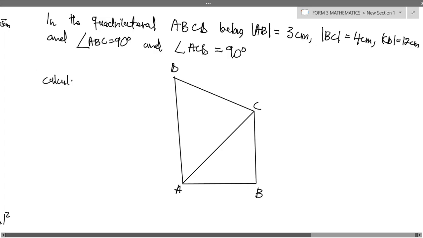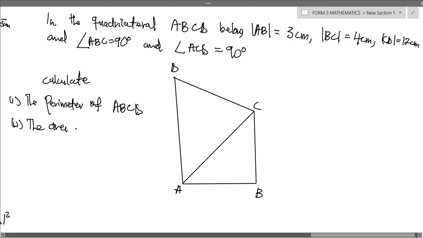Calculate I, the perimeter of ABCD. II, the area of ABCD.